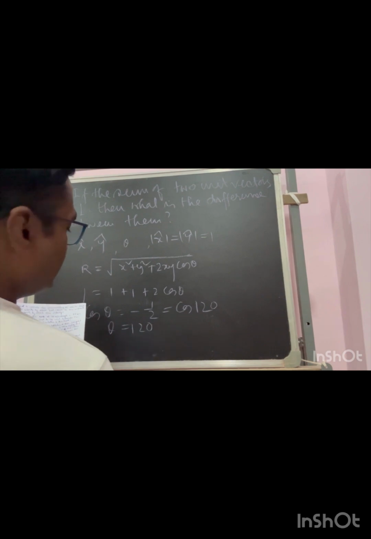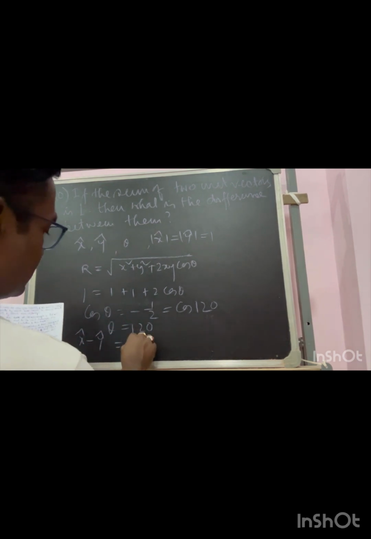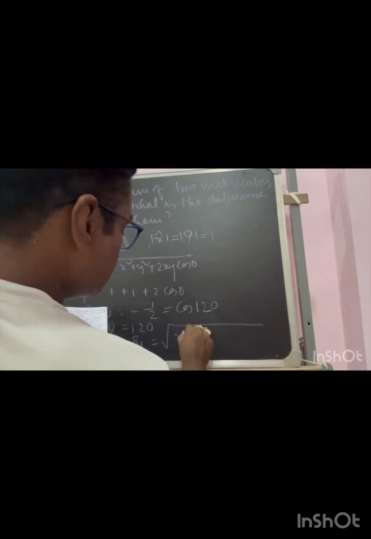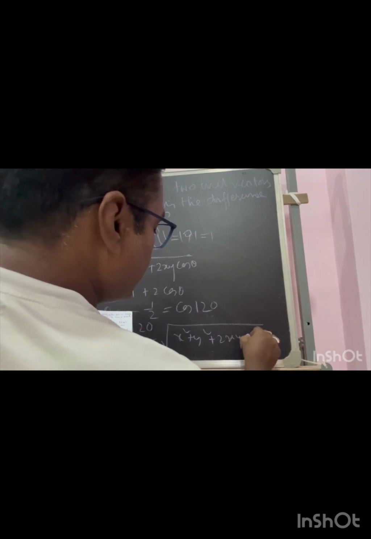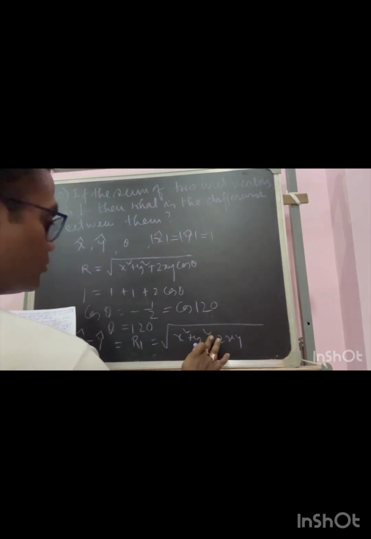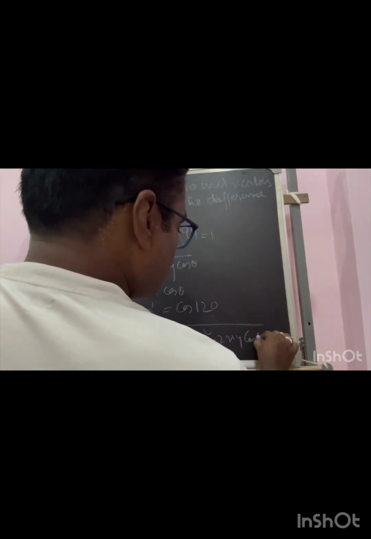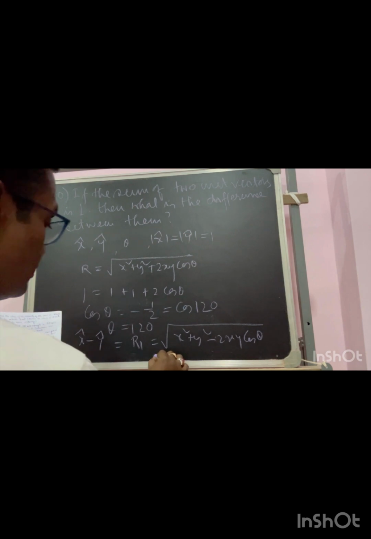Now you know the angle, so what is the difference between them? So the difference vector, let's say the new r1, will be x square plus y square plus 2xy, and here this will be subtraction, because 180 minus theta will come, so that will change into this.